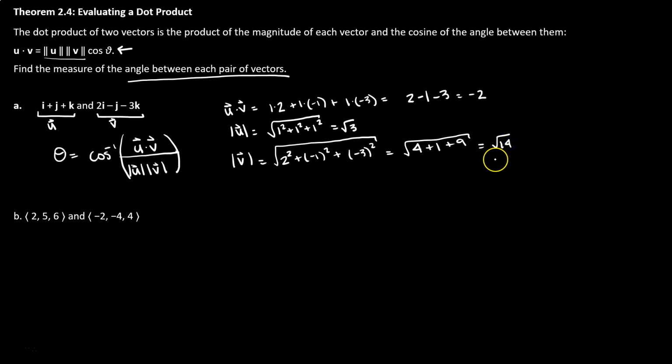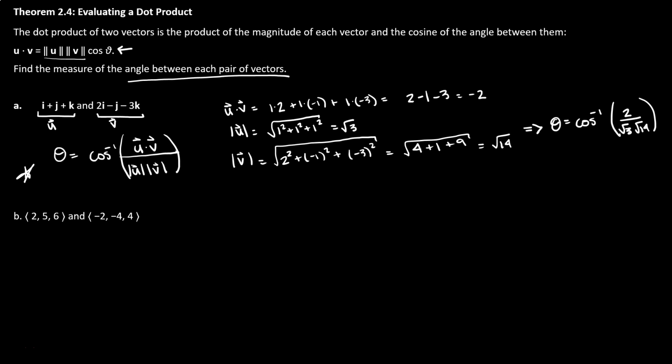Now I'm ready to plug each of these pieces into the equation that we developed using the law of cosines. So we'll have theta is equal to cosine inverse of -2 over the product √3, √14. And at this point, we would go to our calculator if we wanted an approximate value. This doesn't work out to be a perfect angle that has an exact value, like some of our angles in quadrant 1, like a 45-degree angle or a 30-degree angle.